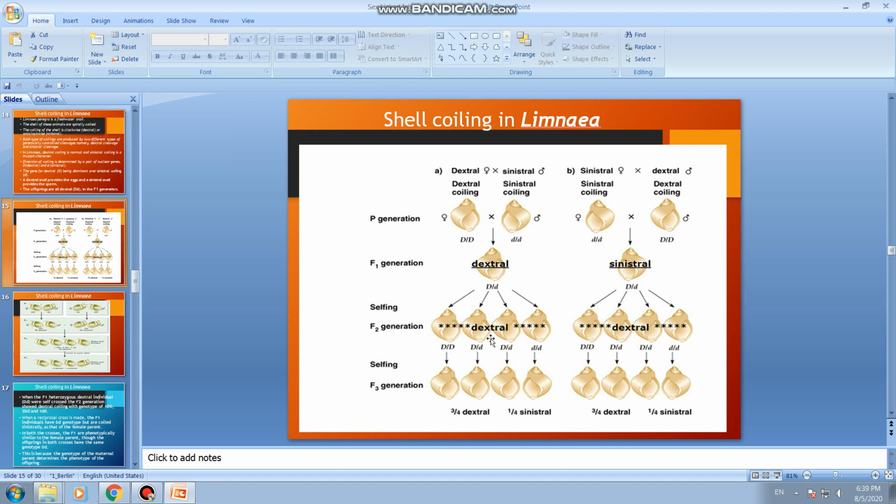You can understand that in the first cross and the reciprocal cross, the genotypes are the same, capital D small d, and all are dextral. In the F3 generation, like the first cross, it exhibited Mendelian inheritance: 3/4 are dextral and 1/4 is sinistral.